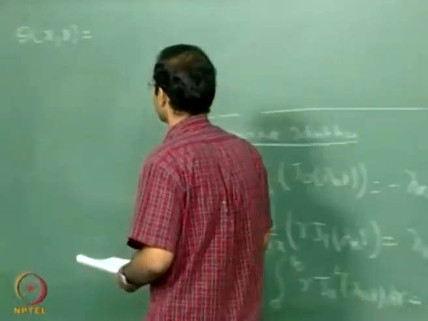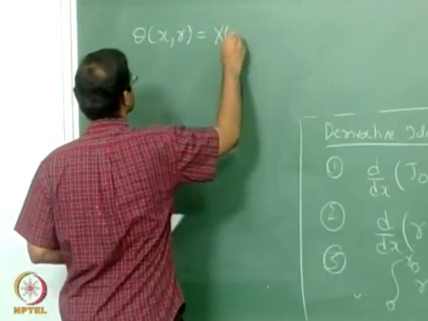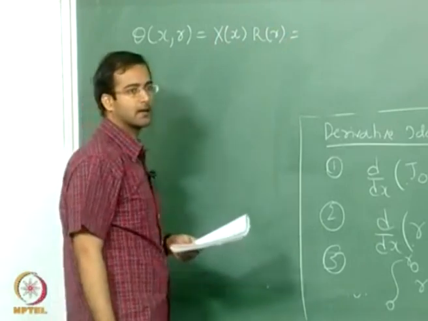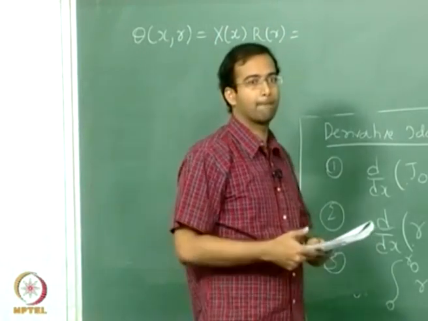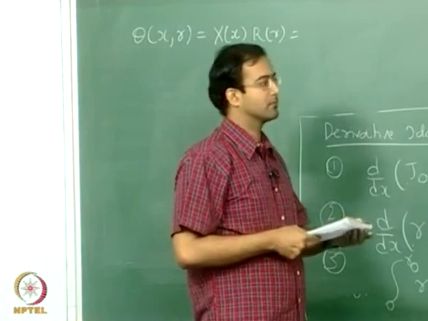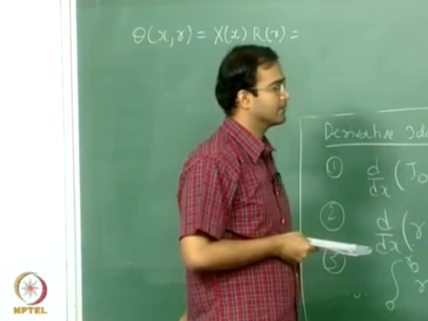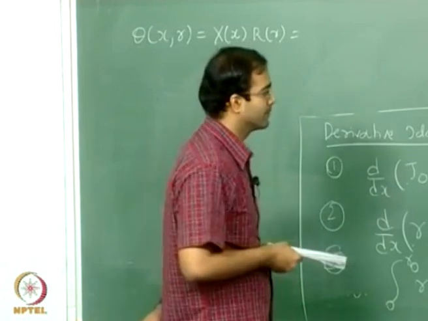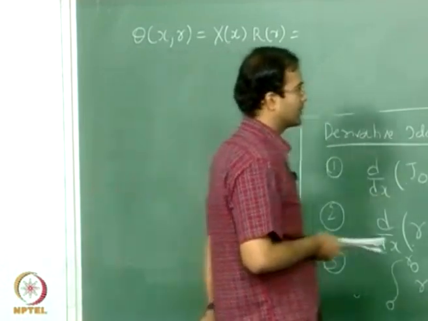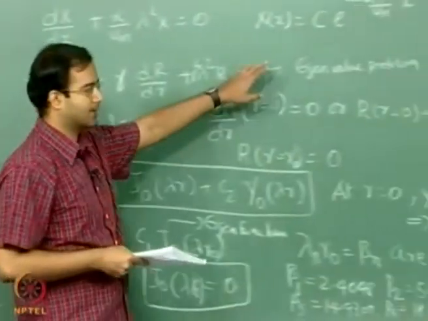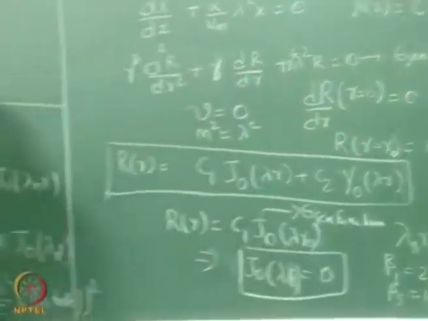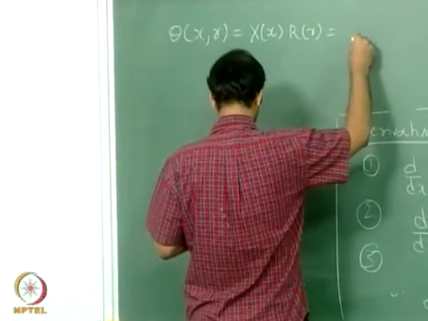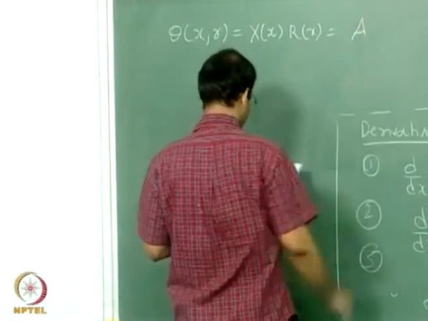This is nothing but, according to separation of variables, now that we found the solution for both x and r, how can we write it? Let us multiply C1 and C and call this another constant C, or A or whatever you want to call it. I have used A in my notes, so I will use A.